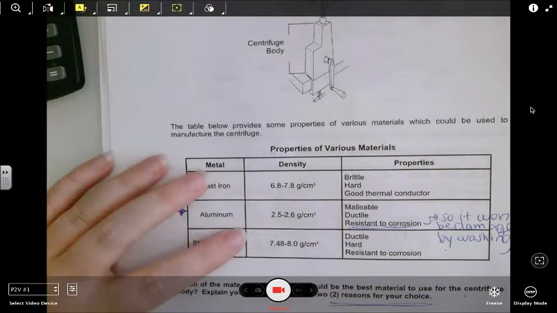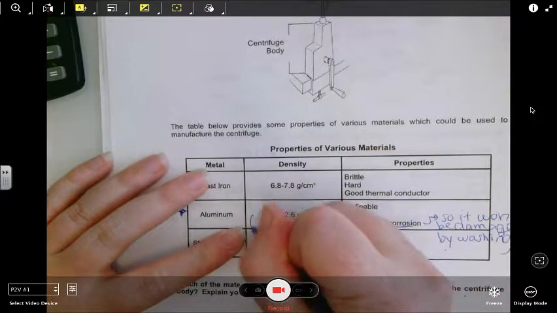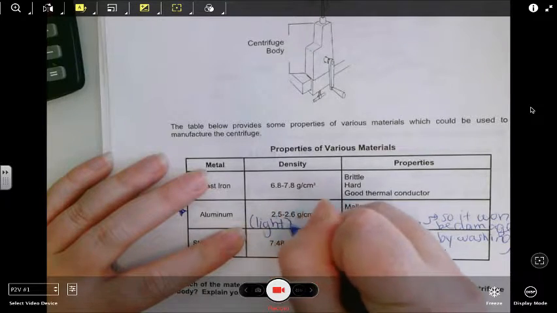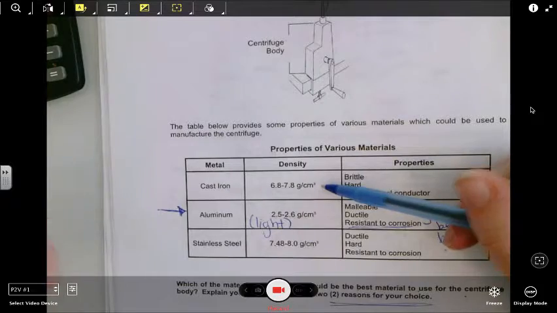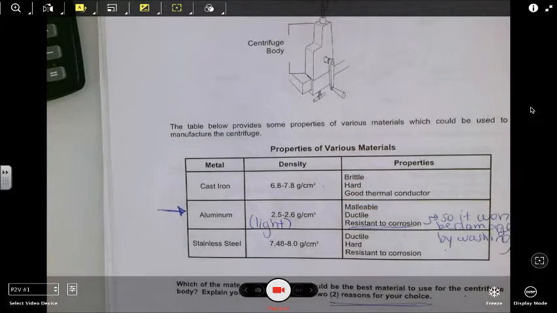I would say it's light. Okay, because in here the density is kind of like how heavy something is. So in this case, this one has the lowest density. To me, that seems like I would explain that it would be easier for people to transport it because it's light, and I would say that it's more resistant to corrosion. So those would be my 2 reasons for that choice.